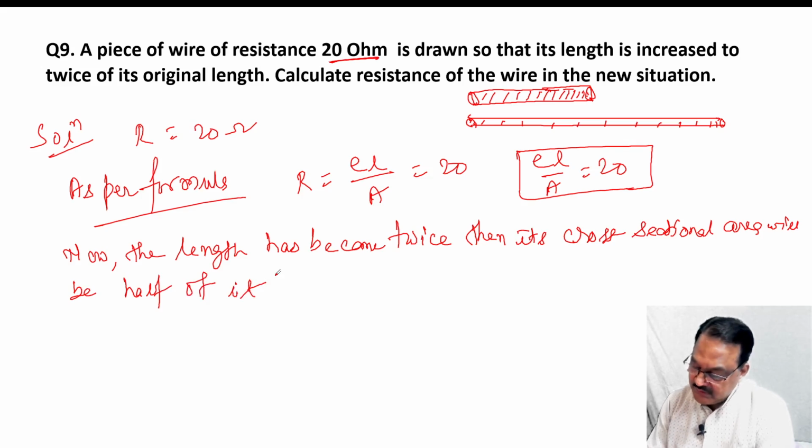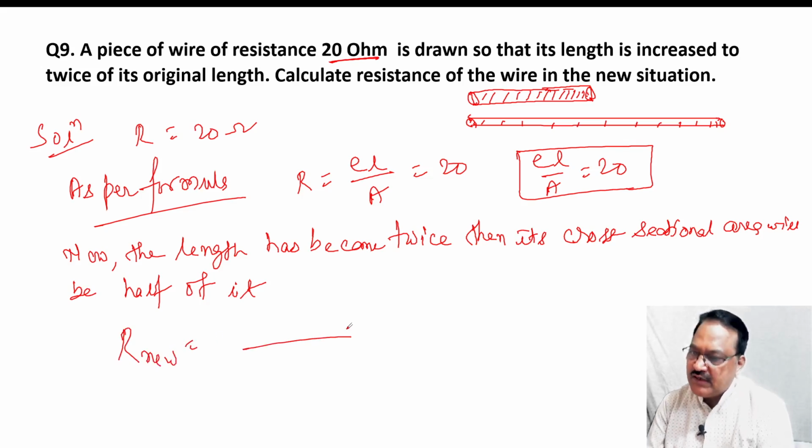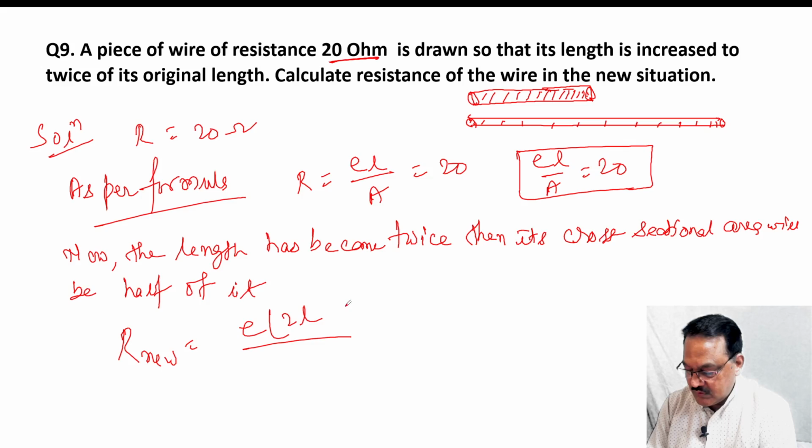Okay, so in the new scenario, what will be the value of resistance? R new, same formula, rho L by A. L means twice of L, it has just become double. A means it has become half, we can write A by 2.